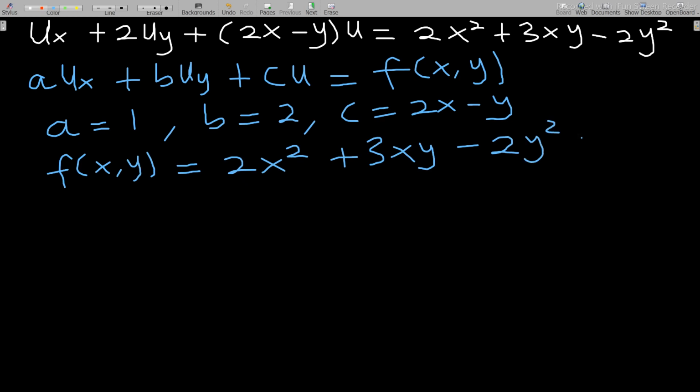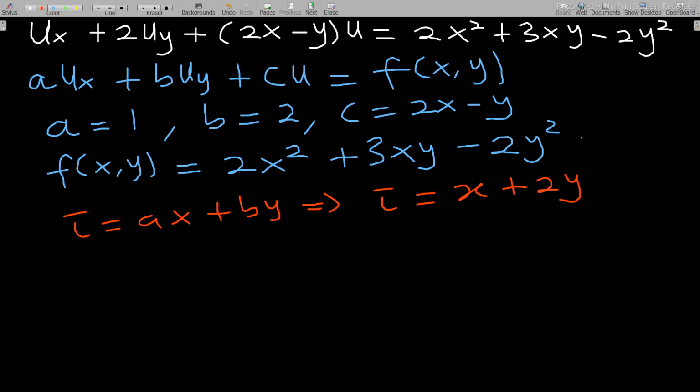Now in our previous discussion we said that to transform this to a normal ODE, you have to use the transformations tau is equal to a x plus b y, which implies that tau for this, a is 1, so let's not write the 1, x plus b is 2, y.